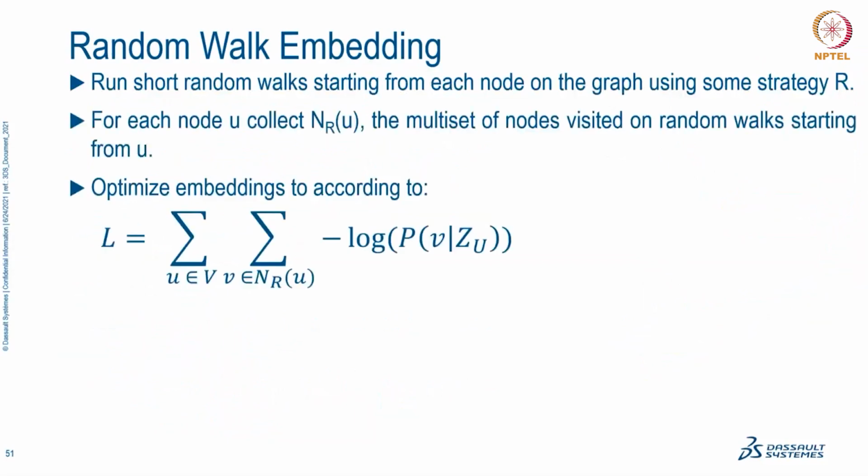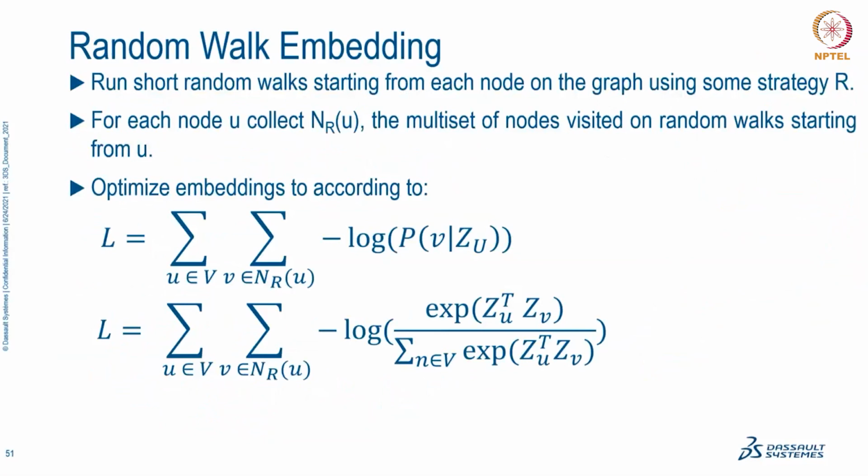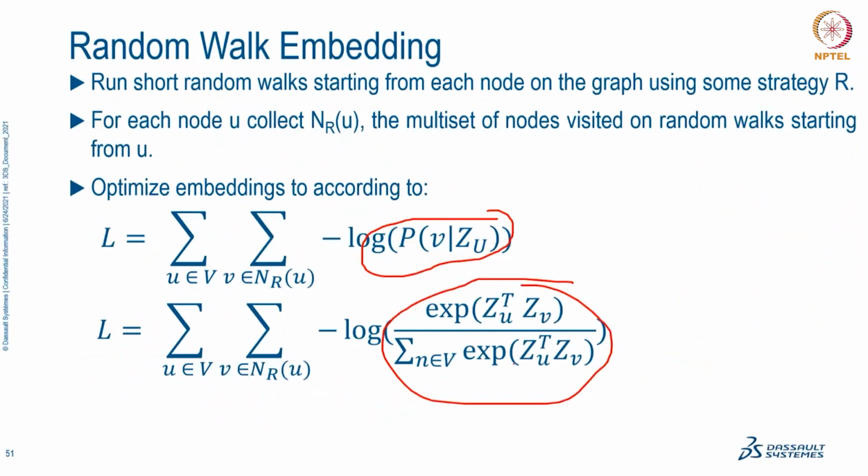So this is the equation point of view, how this is done. For this probability, we convert it to a softmax, or you can say we normalize the probability within the neighborhood set N_R of U. As I mentioned, we take random walks multiple times.